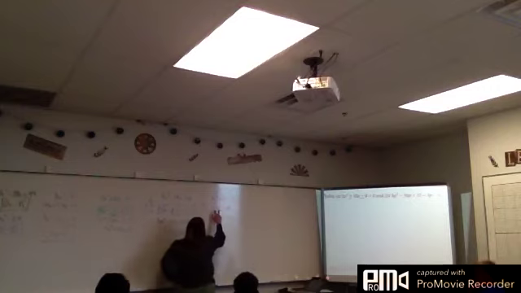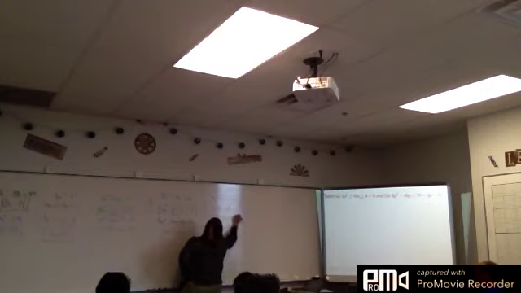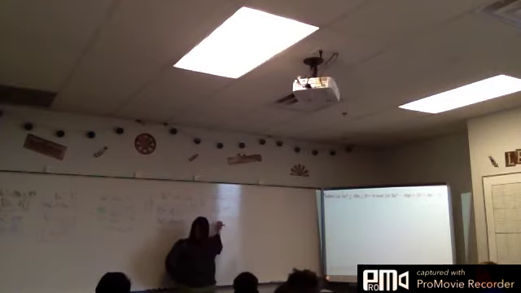Now, I'm not done, I have to take both of these and set them equal to 0 and solve for x. Okay, subtract 4, x equals negative 4. Add 2, 3x equals 2. Divide by 3, x equals 2/3.